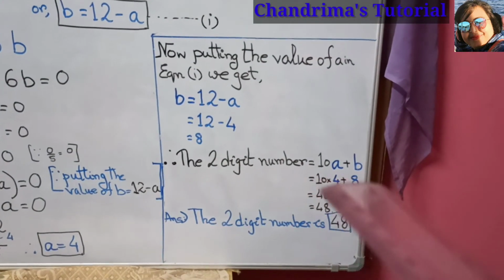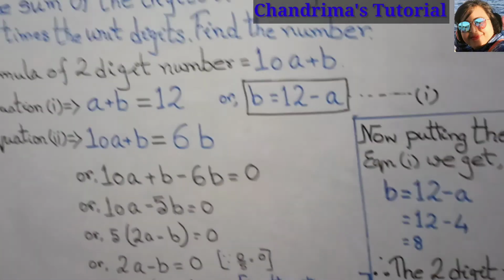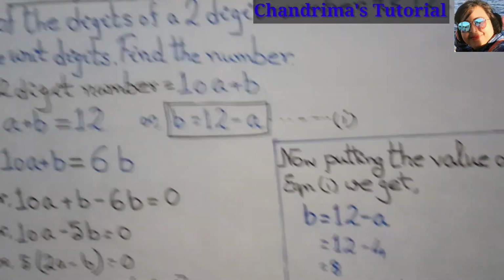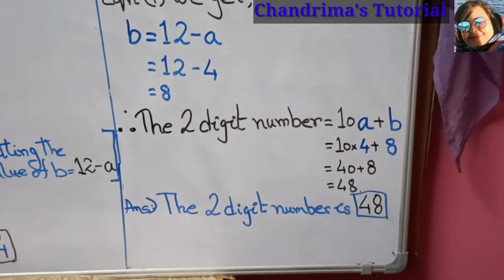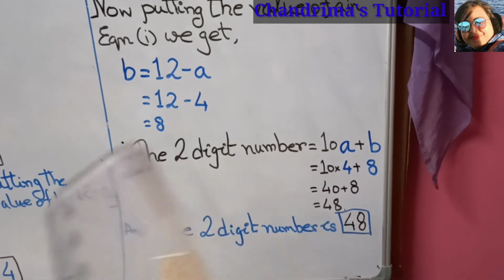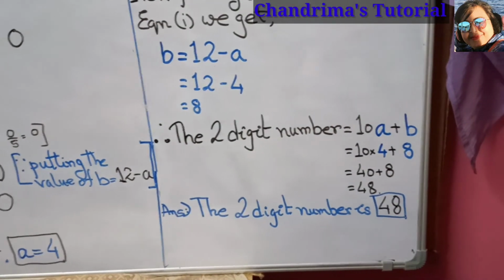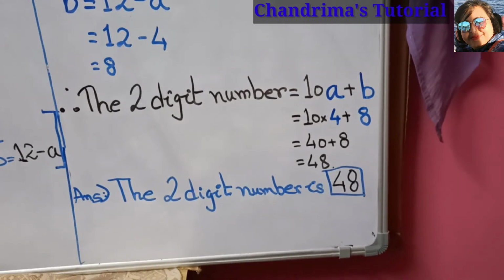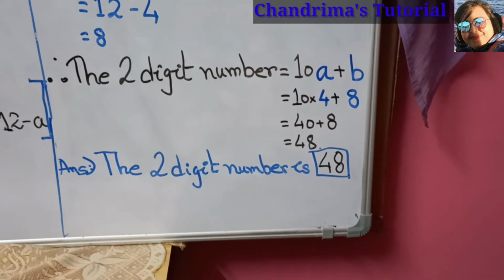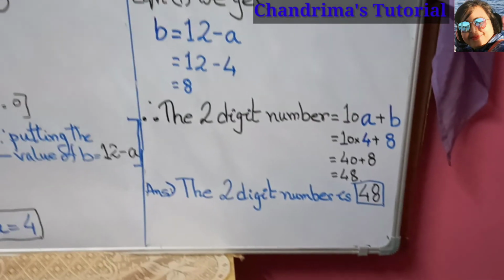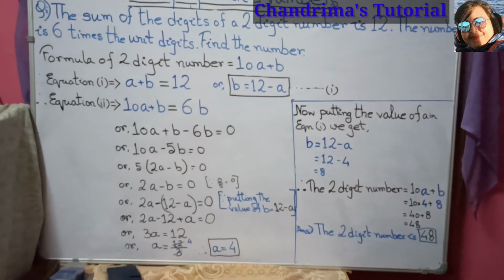Therefore the 2-digit number is 10a plus b, the formula you know. Here a is 4 and b is 8, so 10 into 4 is 40, plus 8, therefore 48. The 2-digit number is 48. So our sum is solved.